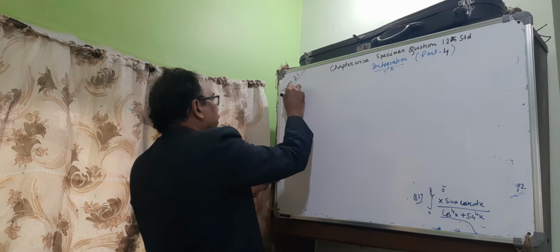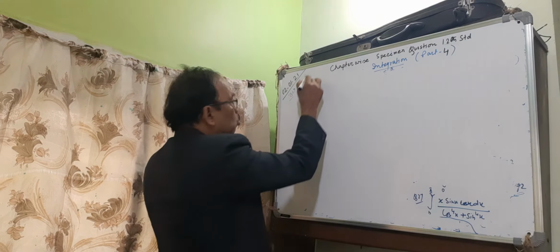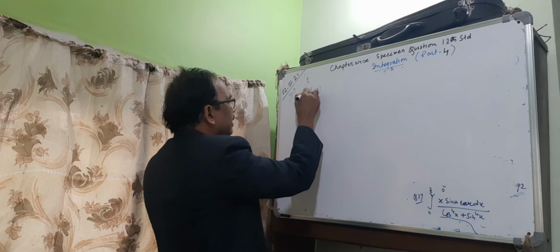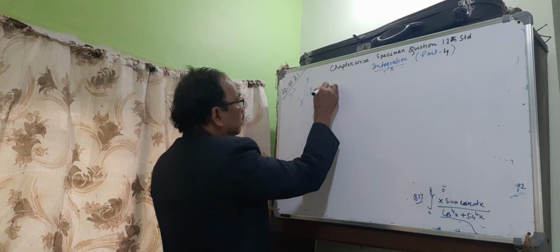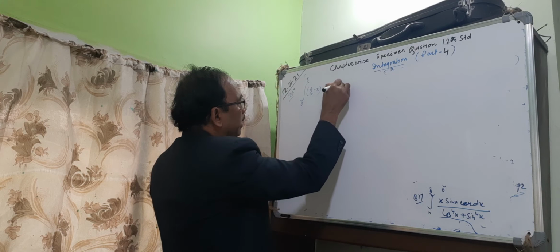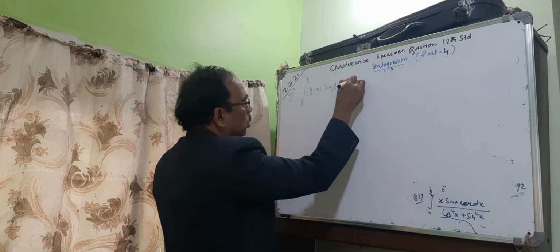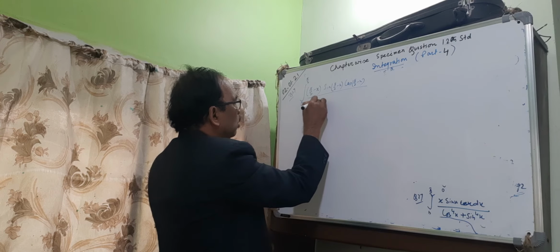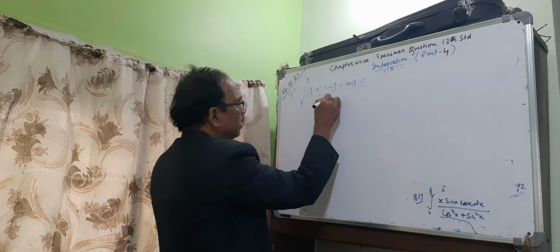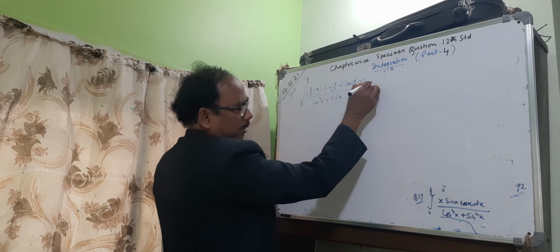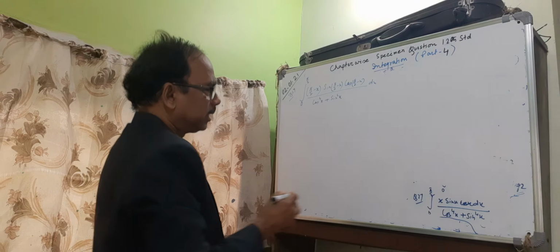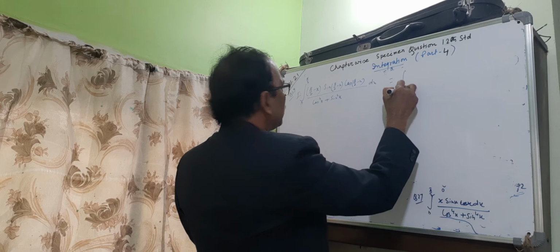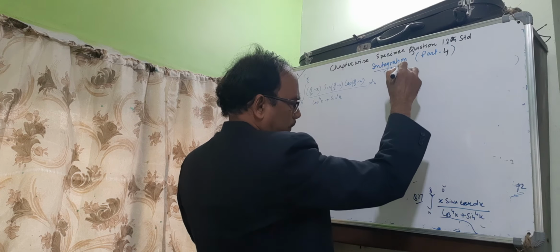Question number 27: the integral from 0 to pi by 2 of sin(pi by 2 minus x) cos(pi by 2 minus x) over cos to the power 4x plus sin to the power 4x dx. Here I equals this, the integral from 0 to pi by 2.